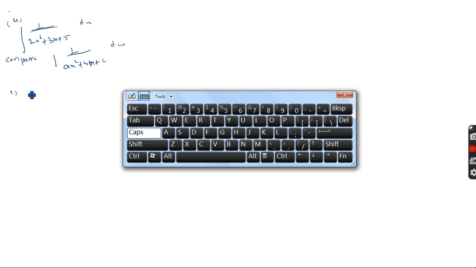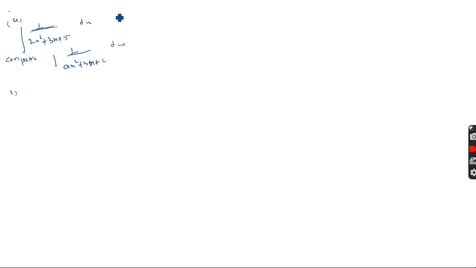The first step is the coefficient of x square. Here the coefficient of x square is equal to 2, so take 2 as common. That is the first step.